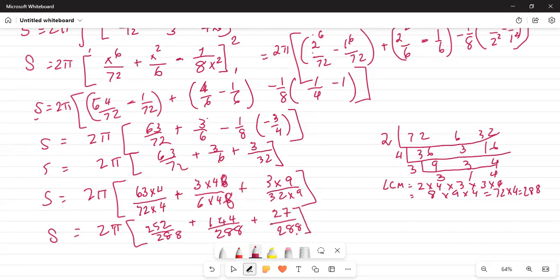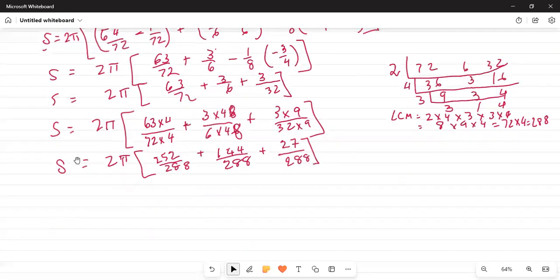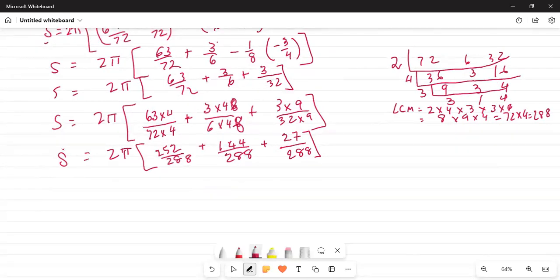Okay, so S is equal to 2 pi, and you've got to add all of this: 252 plus 144 plus 27 is 423 over 288.